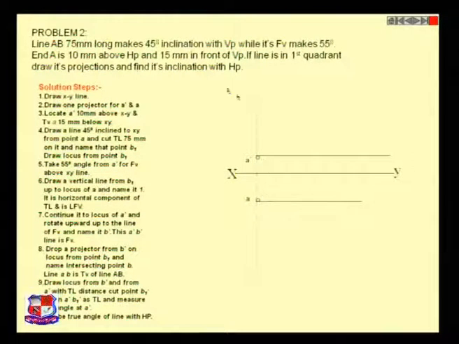Now what next? We have been given only true length and the inclination with the vertical plane only. We don't have inclination with the horizontal plane. So we can draw true length as well as this angle line at one point only.